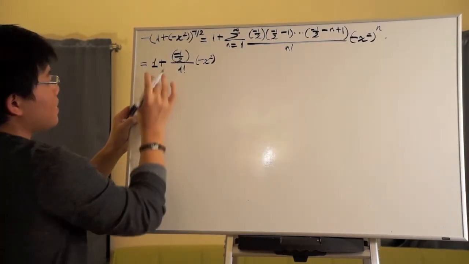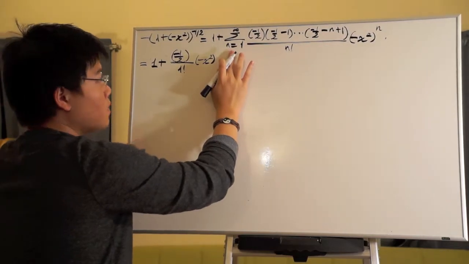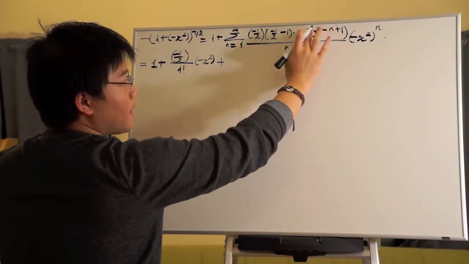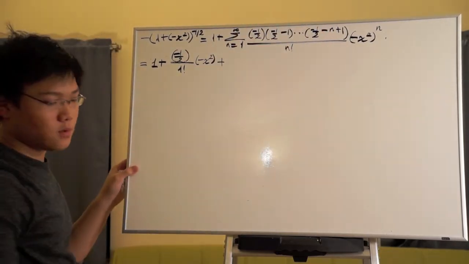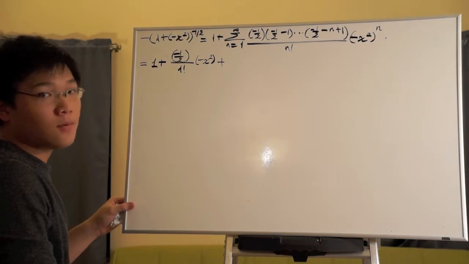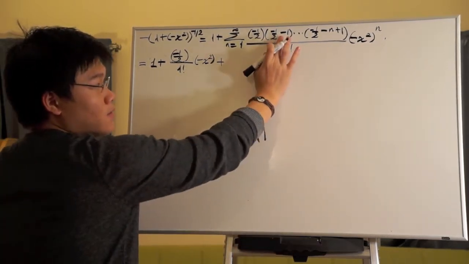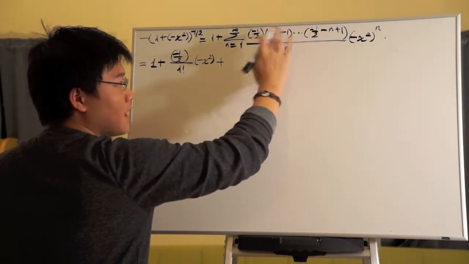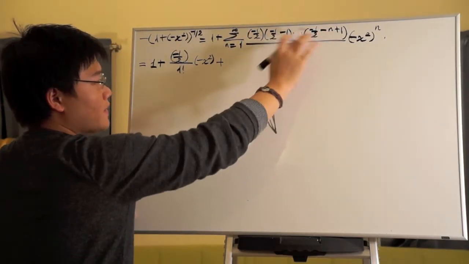We have n start at 2. Okay, so how do we do this? N starts at 2. Minus 1/2 minus 2 plus 1. That's minus 1/2 minus 1. So it coincides with this one, right? So what does it mean to have something like this when we format this way?